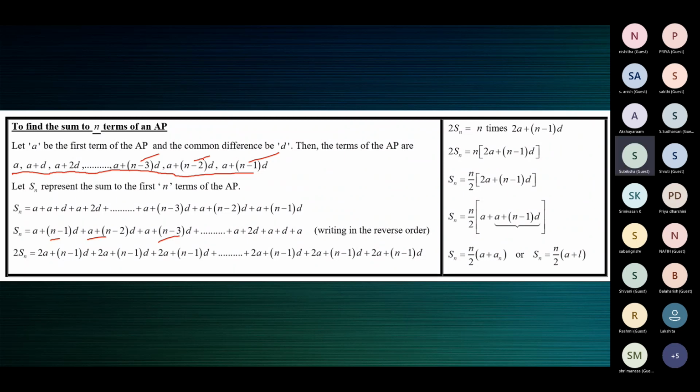So this is the nth term, this is the preceding term, this is the preceding term, and from behind it goes on until A plus D and A. We're writing the same sum, like 1 plus 2 plus 3 plus 4 plus 5 and then in reverse order 5 plus 4 plus 3 plus 2 plus 1. So we write the same in the reverse order.